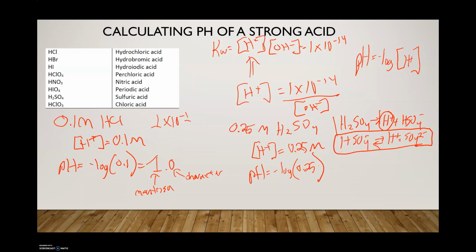And so what you end up with there, after you do the calculation, is a pH of 0.60. Now 0.25 has 2 sig figs, and we have our 2 sig figs here. Round whenever it's necessary. This one does not need to be rounded because it's 0.020599. So it's not going to be rounded. We just keep it at 0.60.